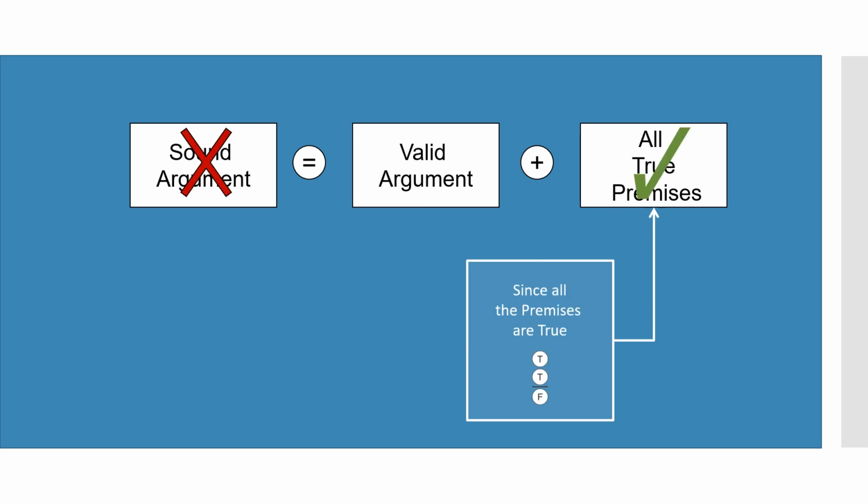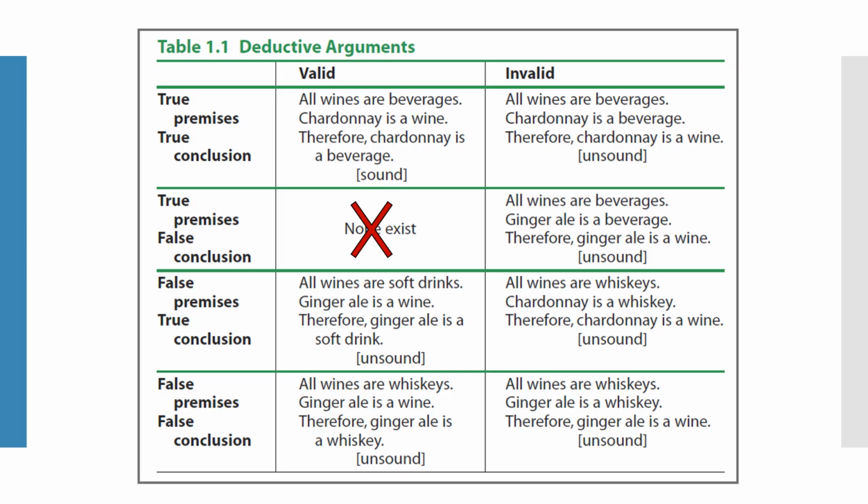But of course, in the formula we're talking about, where a deductive argument has all of its premises as true and nonetheless gets a false conclusion, the problem can't be on the premises side of this equation. And since one or both of these two parts, either validity or true premises, must be the problem, and since it's not the fact that we don't have true premises, this implies necessarily that it can't be a valid argument.